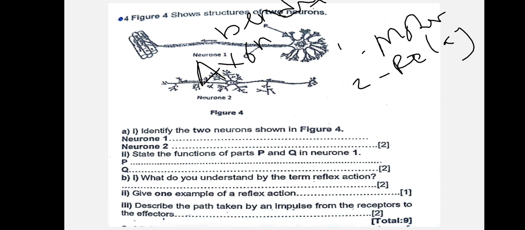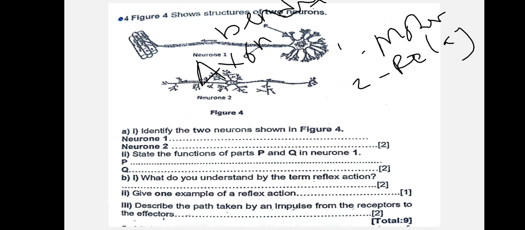This is how we define reflex action. Let's say you touch something sharp, or maybe you've touched fire. You are going to remove the hand as rapidly as possible without you thinking about it.